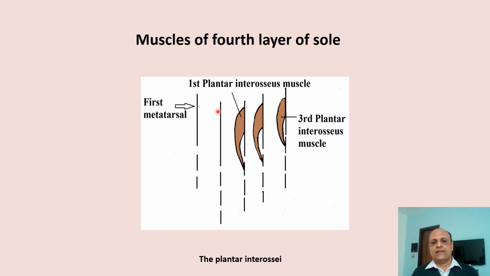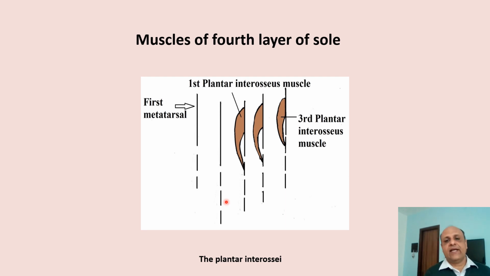It is around this axis that abduction and adduction takes place. Movement towards this axis will be called adduction, and movement away of the digit from this axis will be called abduction. So adduction will be movement towards the axis passing through the second digit, and abduction will be movement away from the axis passing through the second digit.